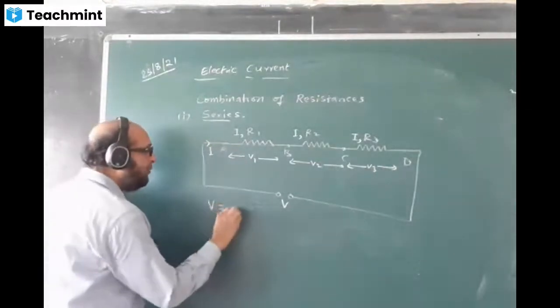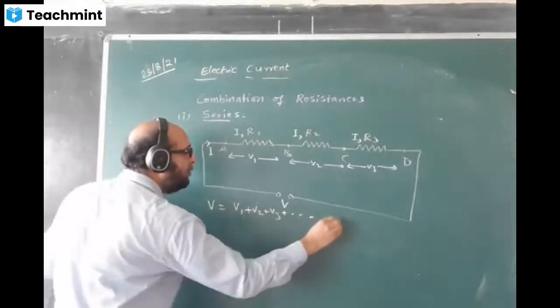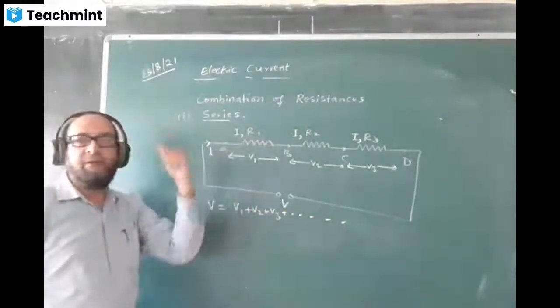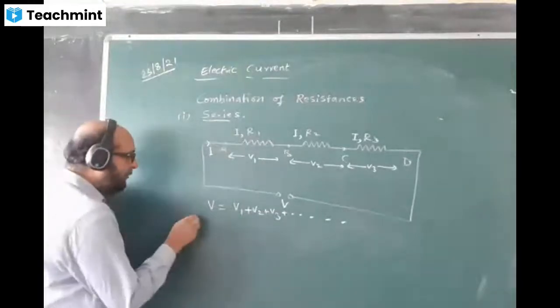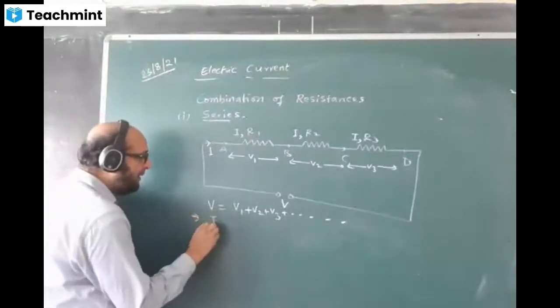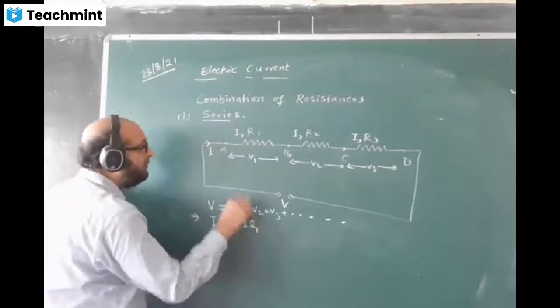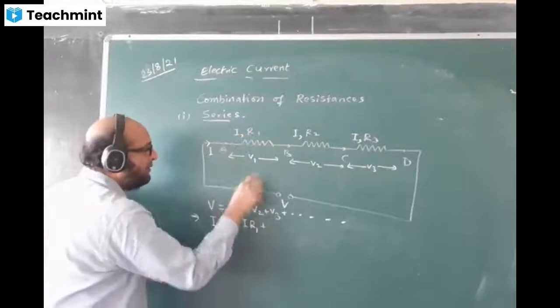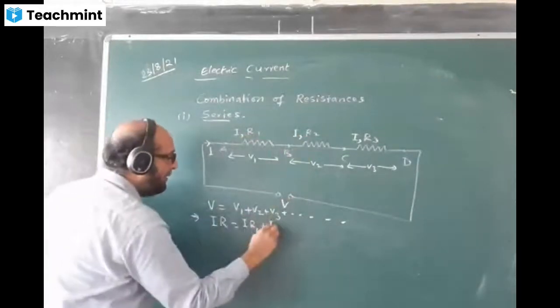Total voltage V is equal to V1 plus V2 plus V3, and so on. And we know the formula V is equal to IR. V1 is I into R1, V2 is I into R2.